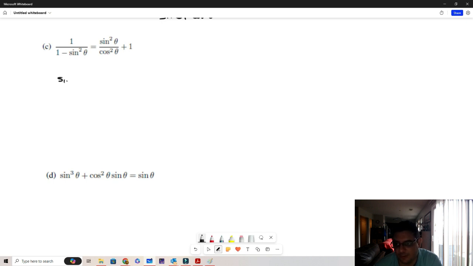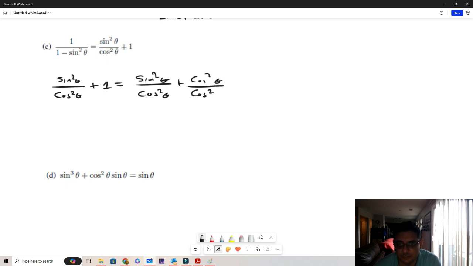But notice that if I start with sine square over cosine square plus 1, I can just see that 1 as cosine square over cosine square. Right? 1 is cosine square over cosine square. And so now, because they have the same denominator, I can put this together in a fraction.